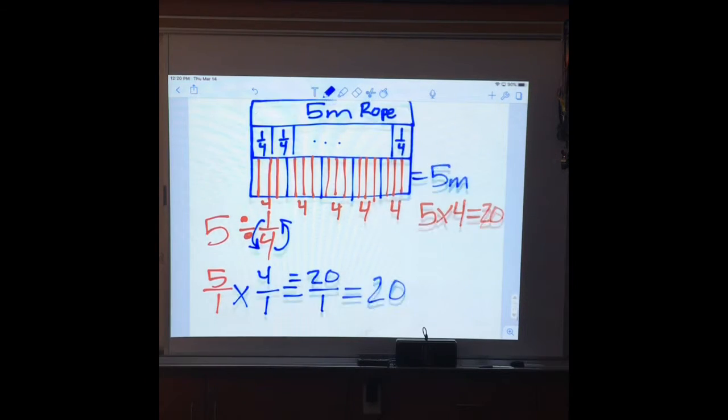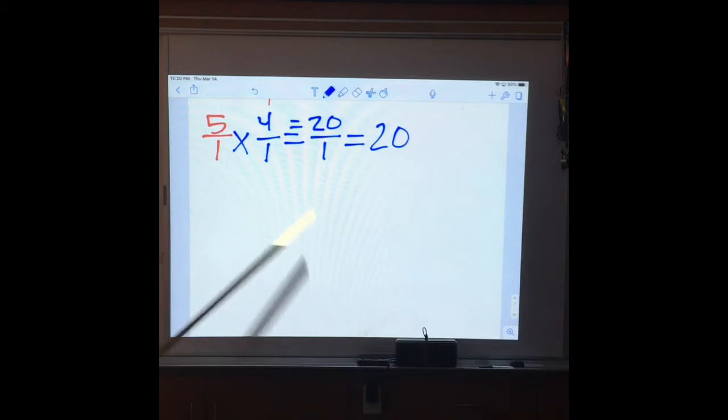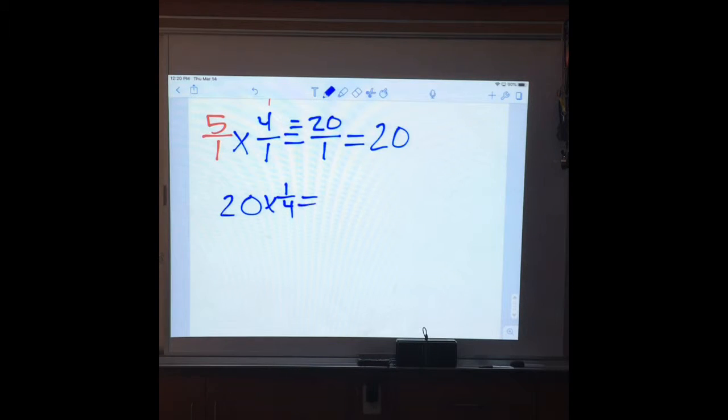What if I said, let's check our answer to make sure it's right. I have 20 fourths, right? I could do this, couldn't I? Sure. I put a 1 under the 20. 20 times 1 is 20. 1 times 4 is 4. What goes on the inside of the house? 20.